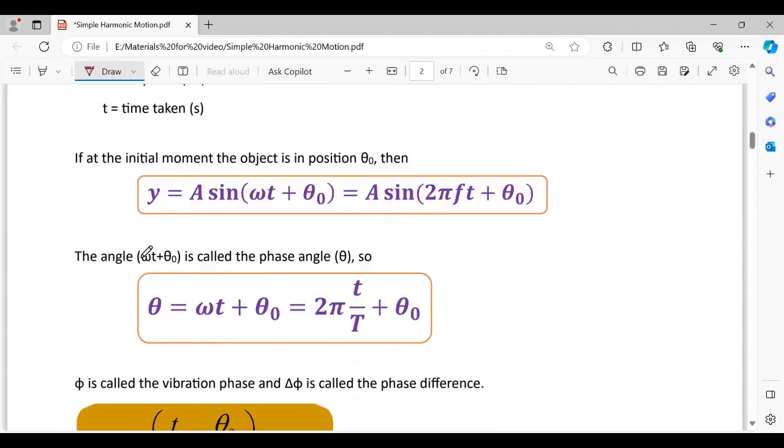The angle omega t plus theta 0 is called the phase angle, theta. So we find theta equals omega t plus theta 0, or theta equals 2 pi times t over period plus theta 0.